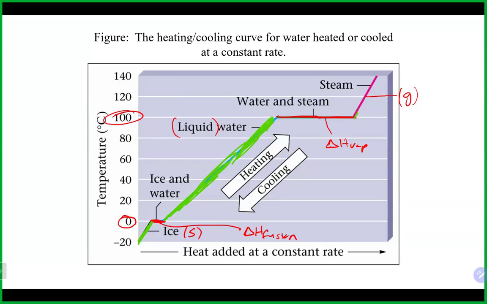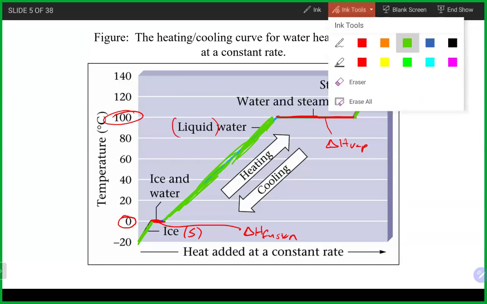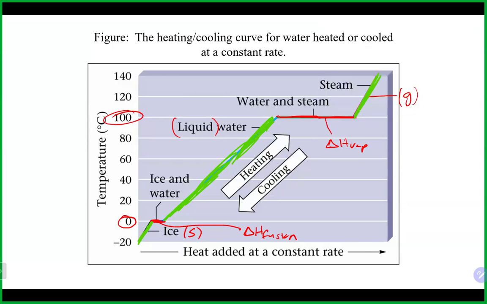And up here, once we get past it into the gas state, the temperature is also changing, but everybody's in the same state, which is gas. And we learned how to do those calculations, which is when we are changing the temperature, but the state of the substance stays the same. It says liquid all the way through, or gas all the way through, or solid all the way through.